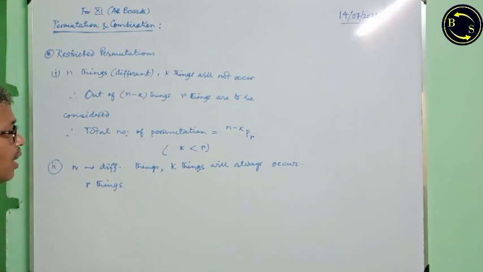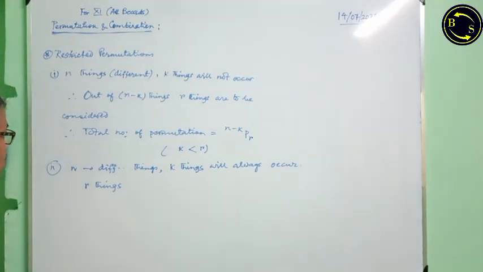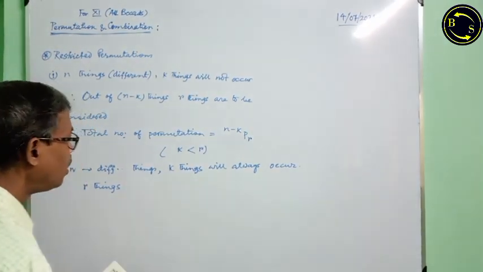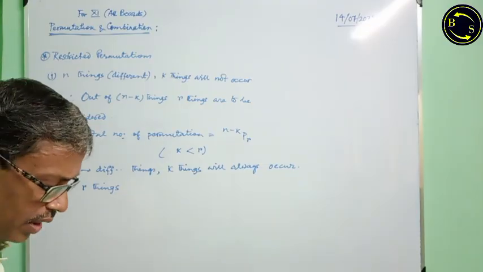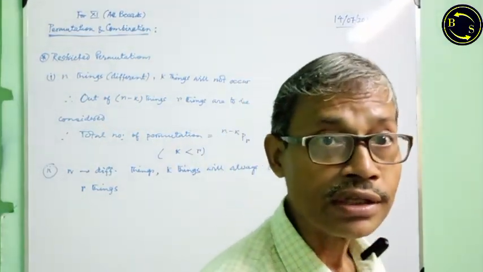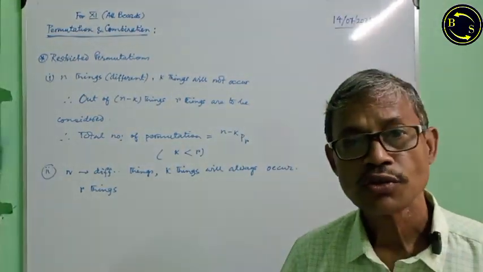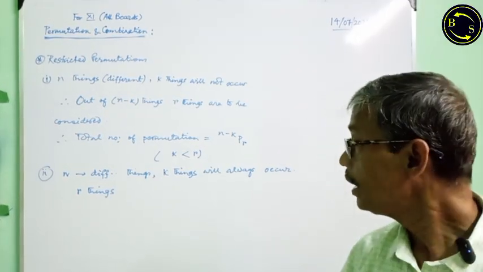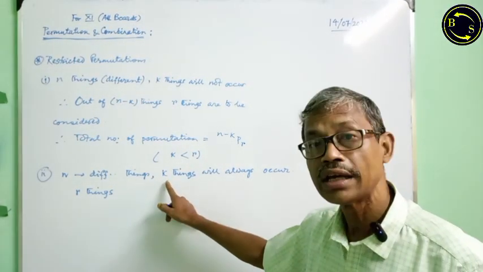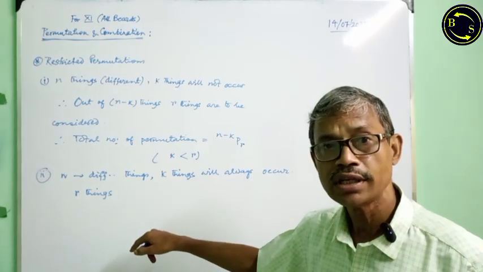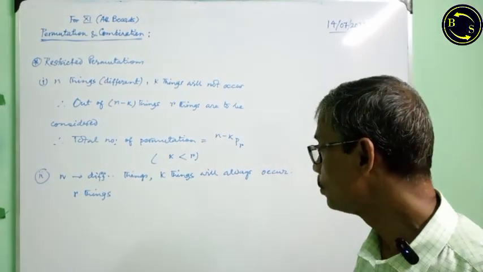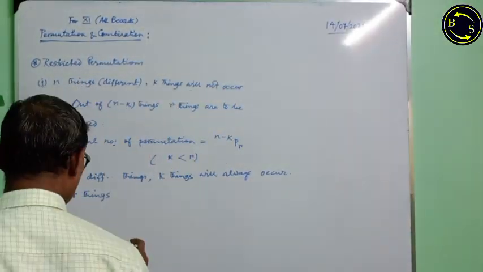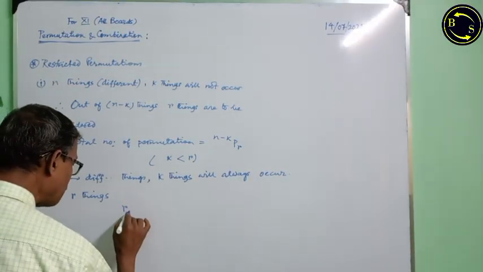Therefore, from total R things, those are to be taken out of n things, we first take k things from those R things and permute. Then permutation will be R P K.